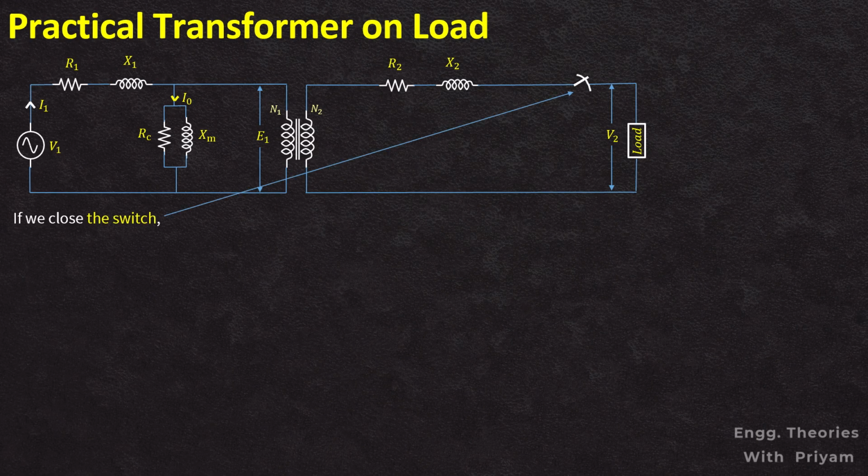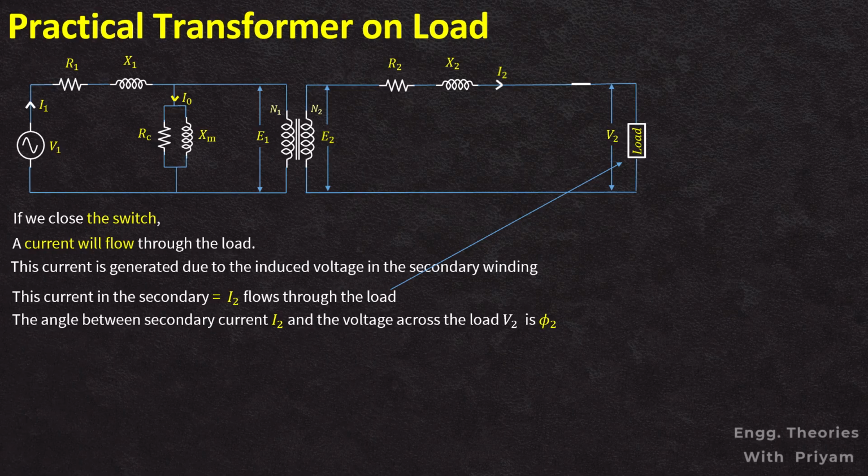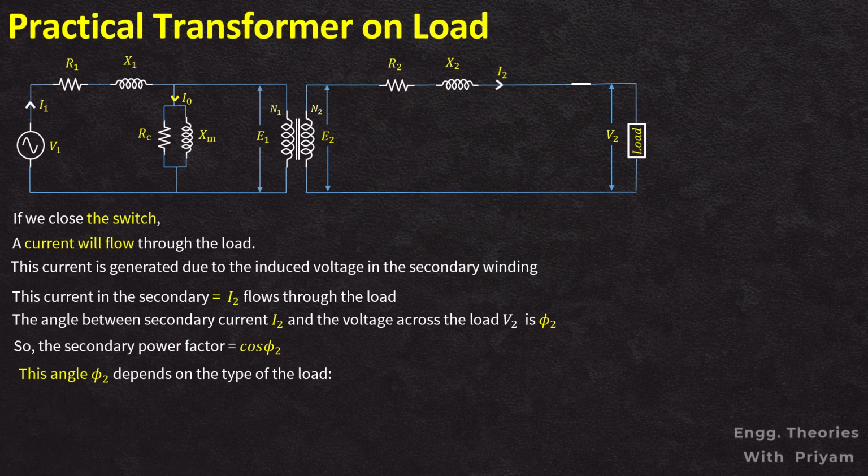If we close the switch, there will be a current through the load, and this current I2 will be generated due to the induced voltage in the secondary winding. This current in the secondary flows through the load as the transformer is loaded. The angle between the secondary current I2 and the voltage across the load V2 is phi 2. So the secondary power factor is cos phi 2, and this angle phi 2 depends on the type of the load.